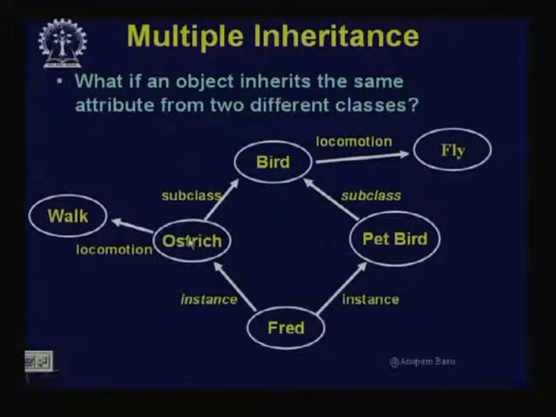So, Fred is an ostrich that has been kept as a pet. Now, ostrich has got the property locomotion is walking. So, ostrich walks, all right. Pet bird is a subclass of bird and its locomotion is fly. Now, Fred is inheriting from two classes, ostrich and pet bird.